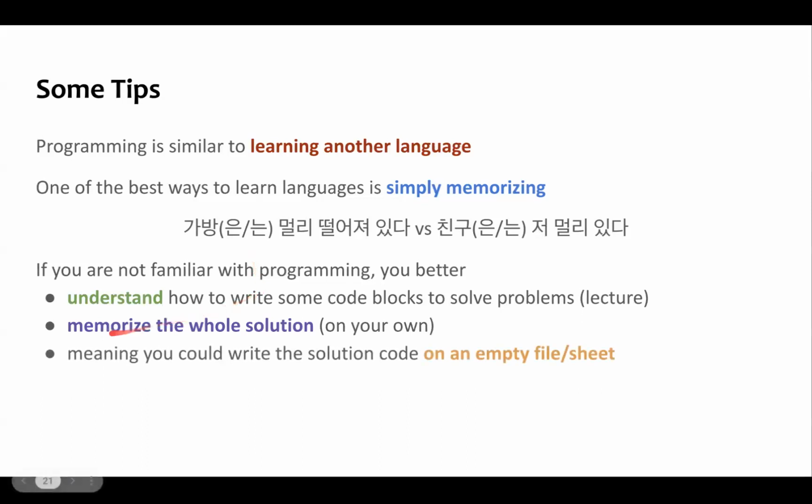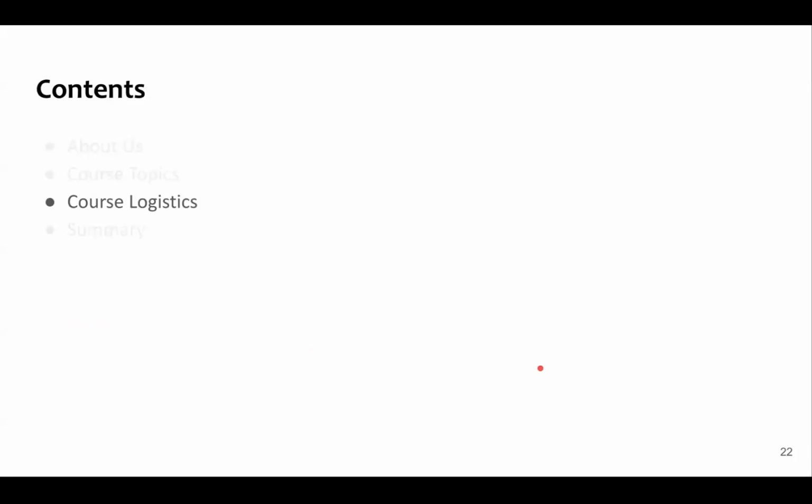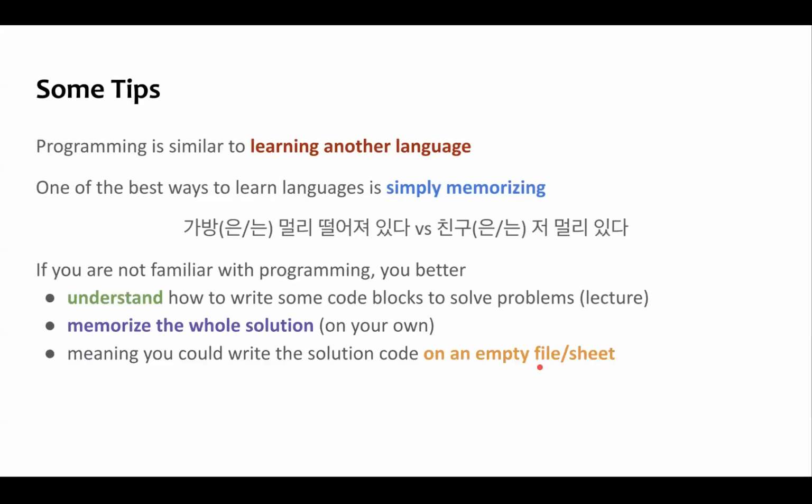And this memorizing means you could write the solution code on an empty file or sheet, okay? And after memorizing possibly 50 questions, then you might become familiar with programming. And every 2 weeks, I plan to give you one homework.